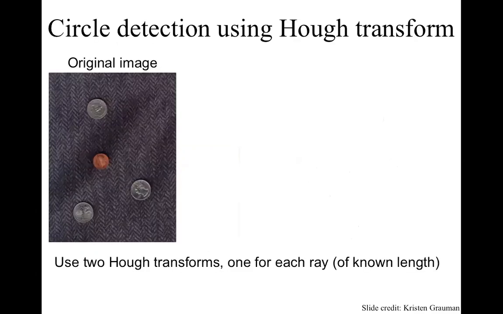Now, let's go to an example. In the left image, you have some coins, and the idea is that you want to detect coins, which have a circular shape, and you are in the scenario where you do know the length of each radius.